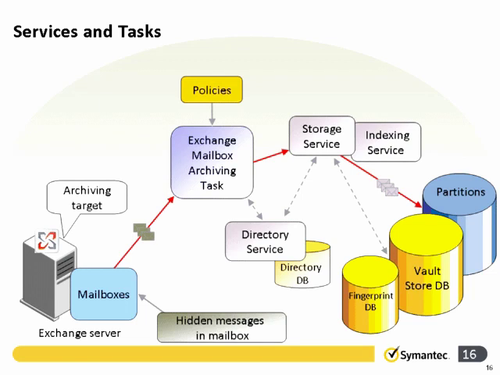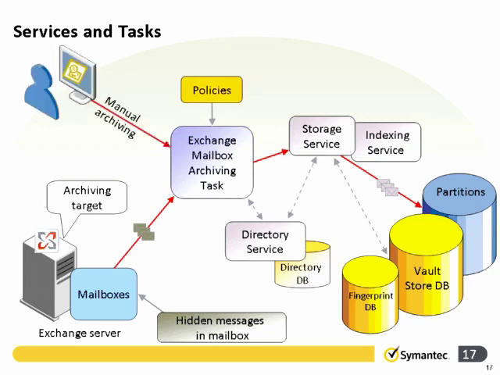Also, as part of this process of archiving the mail item, for each individual mailbox that is archived, we will place a hidden message. We'll be placing things such as the policy settings and retention categories for your mailbox in that hidden message. We'll be exploring that hidden message in more detail later in the lesson.